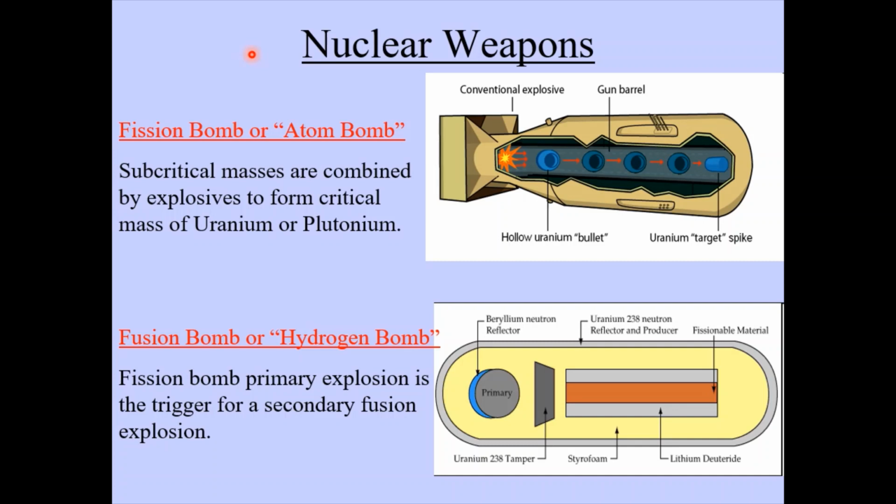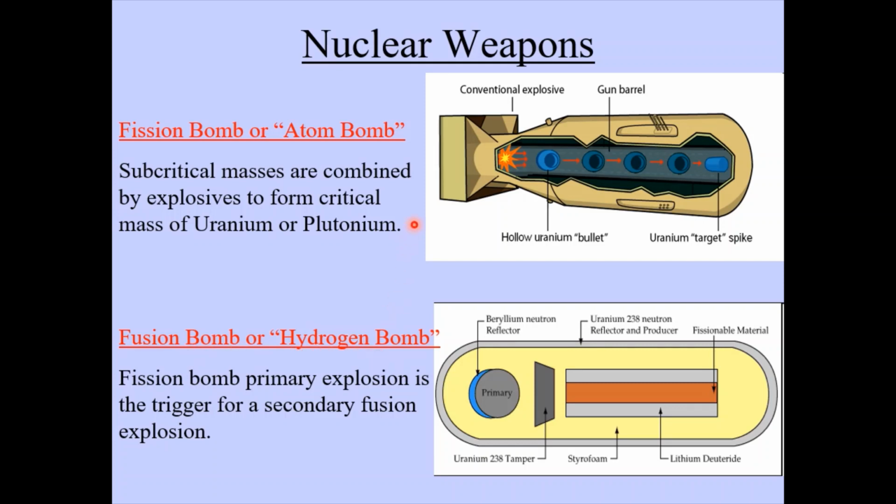So there are two types of nuclear weapons. The one uses fission, nuclear fission, which remember is the splitting apart of the atoms or the nuclei, and these are usually called atom bombs. The other type of weapon uses the fusion reaction, and this is called a hydrogen bomb.